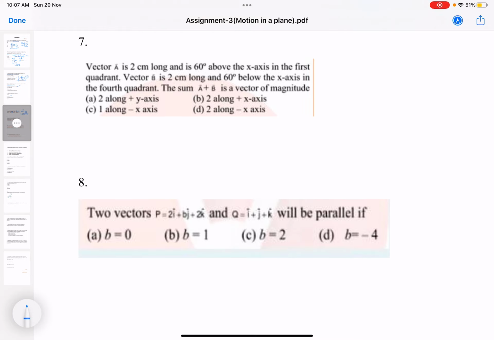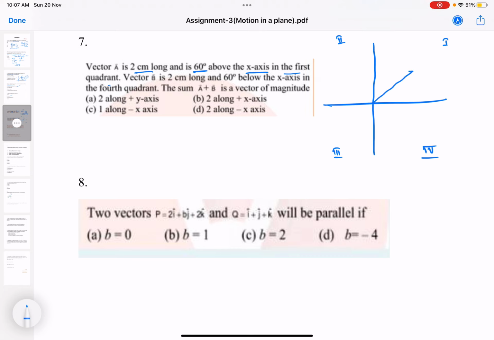Next, vector A is 2 centimeters long and 60 degrees above the x-axis in the first quadrant. So write down the quadrants like this: first quadrant, second quadrant, third quadrant, and fourth quadrant. The length of vector A is 2 centimeters, at 60 degrees above the x-axis in the first quadrant.